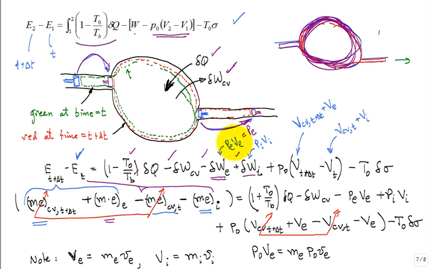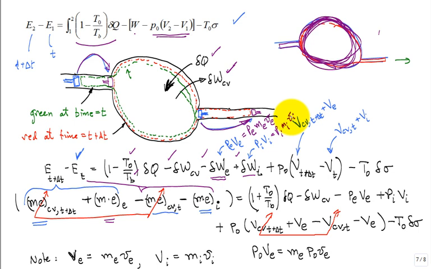But the volume swept is the product of the mass that gets pushed out times the specific volume of the fluid that's going out. True? Isn't that capital V exit? Likewise, this is equal to pressure on the inlet, mass inlet, specific volume on the inlet. You can start to see that PV term show up.